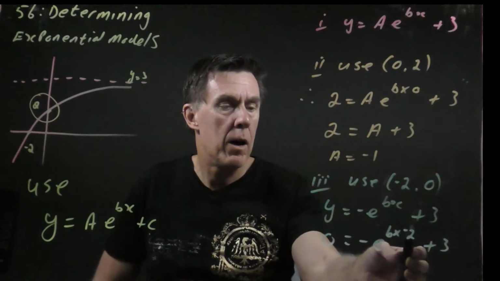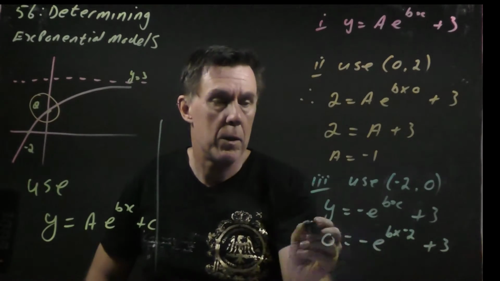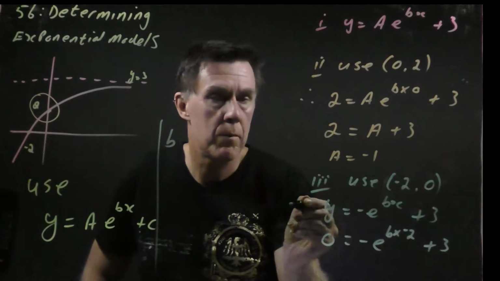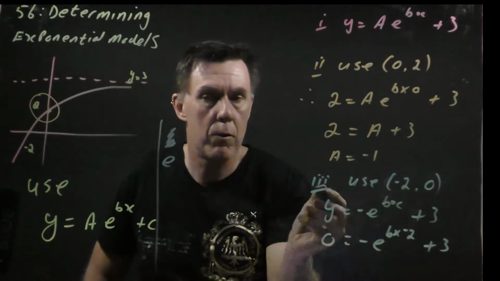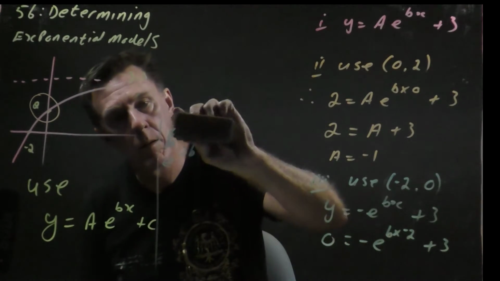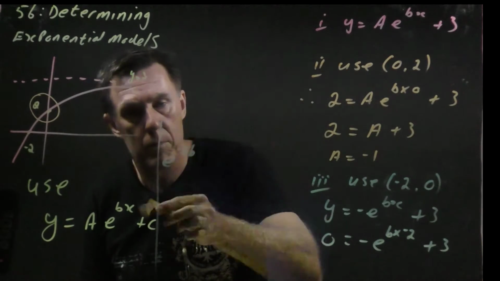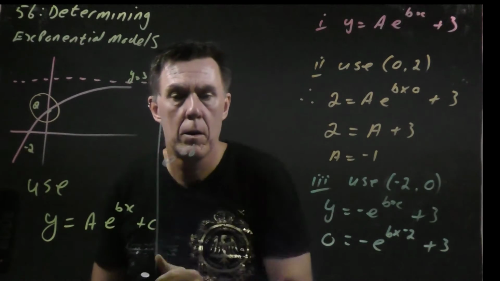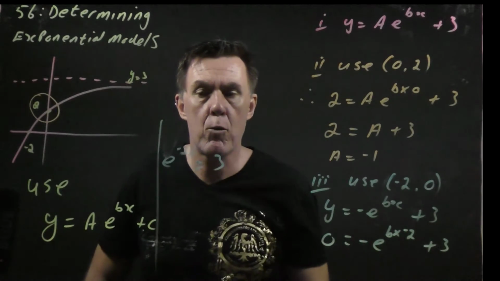Now, this entire term here is negative, so I'll bring it across to the other side. So it becomes e to the power of -2b is going to be equal to 3.